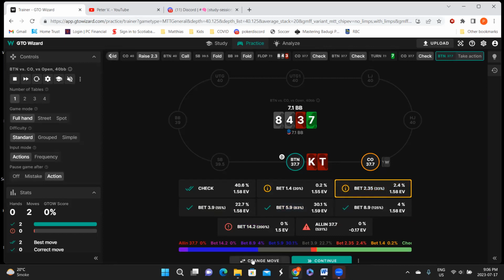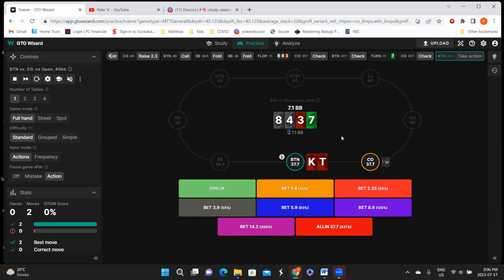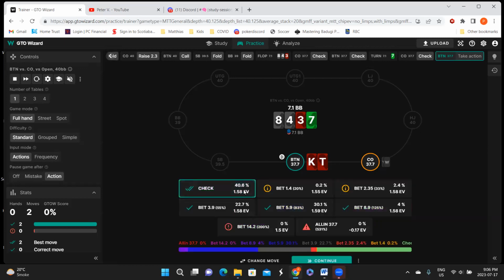bit polarized. So here we now are going to have a lot of checkbacks and a lot of big bets in our sizings. So checkback is definitely a very viable option here. You can see that the EV is pretty close across the board here.